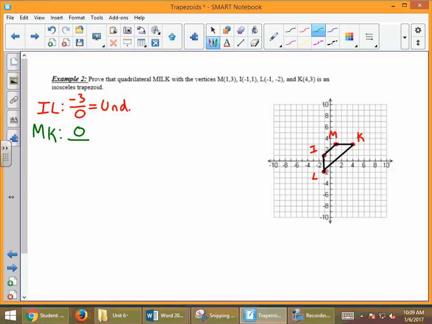How far over do I go? 1, 2, 3, yeah, 3. And we call this no slope, or 0. You guys can look at these things and determine what's going on. Are the slopes the same here? No, they're not. So we've got to keep going and figure out which ones are, if any at all.